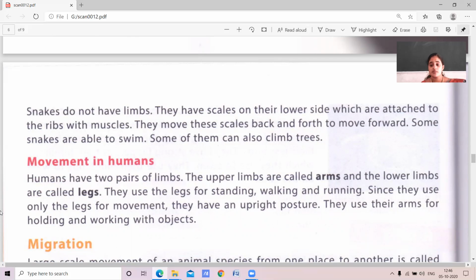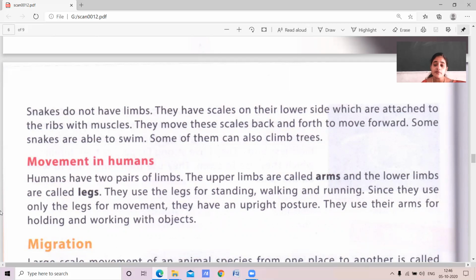The arms we use for holding objects and doing so many things. Humans use only the legs for movement.